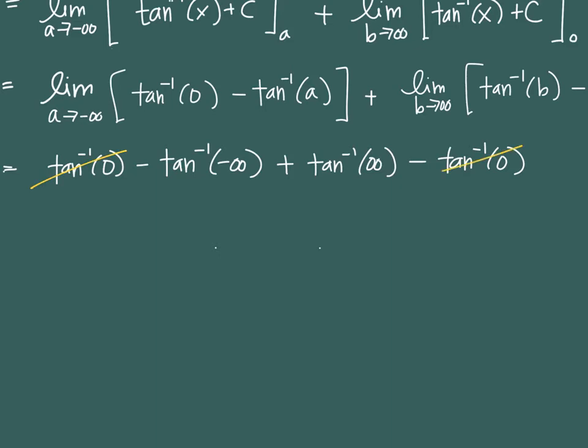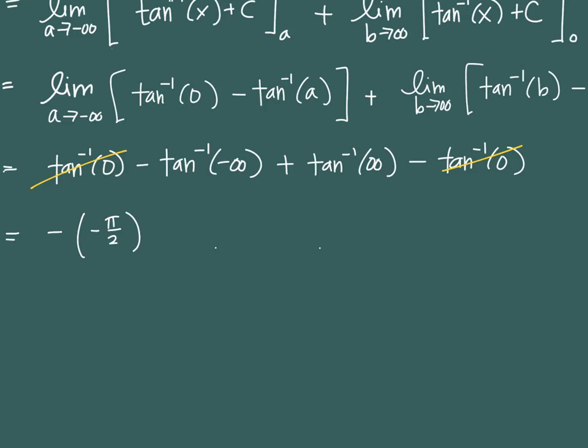Okay, now, do you remember your inverse trig? Negative parentheses. What is the inverse tangent of negative infinity? So that means when's the first time that tangent within its domain period achieves a value of negative infinity?